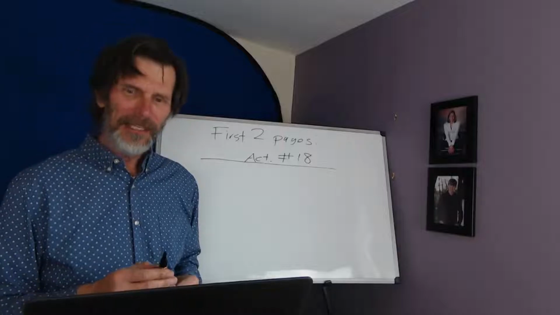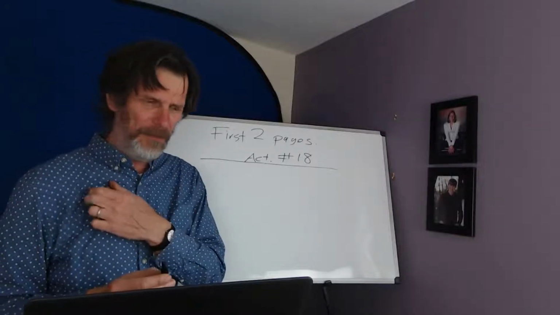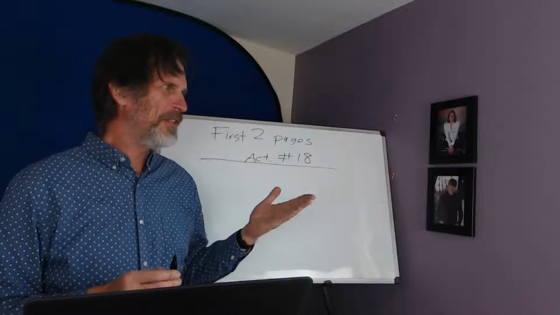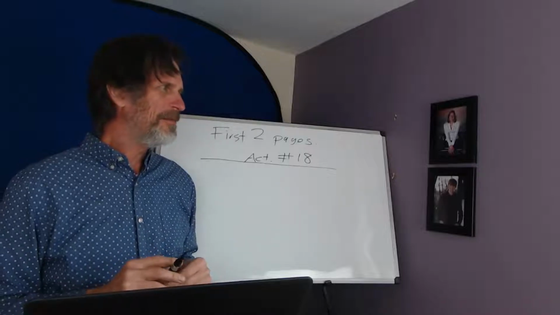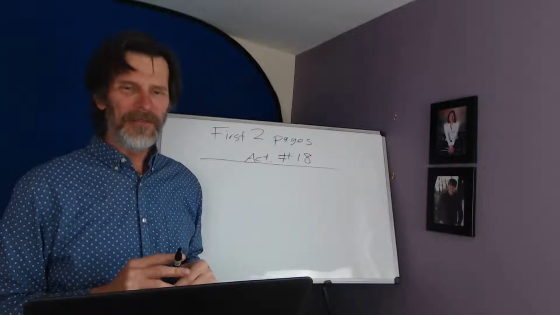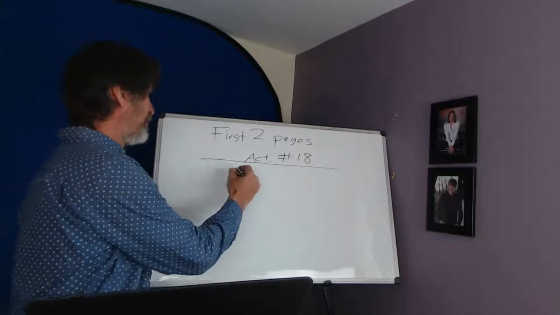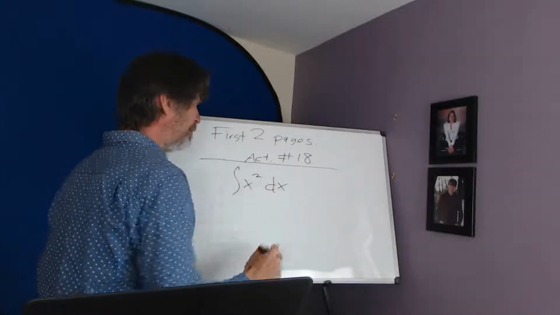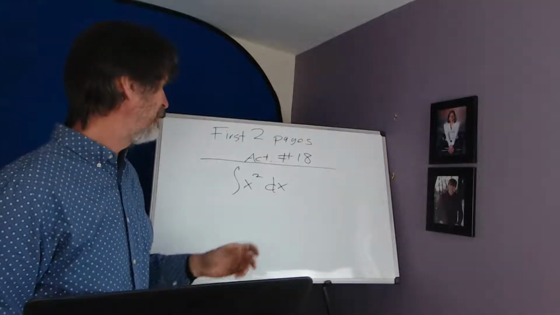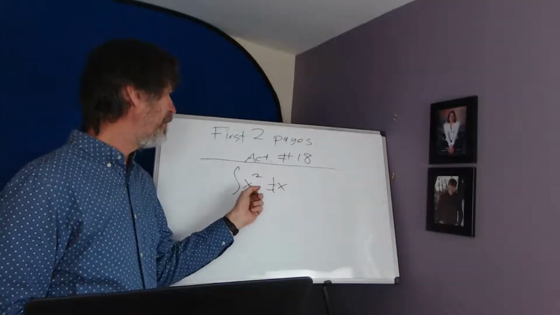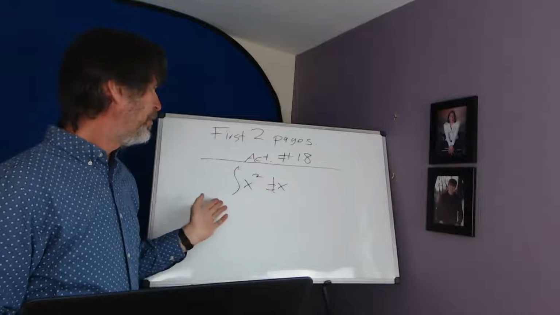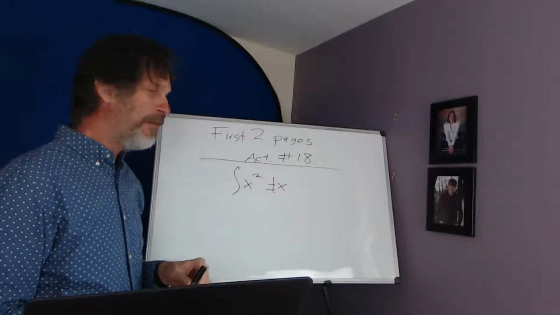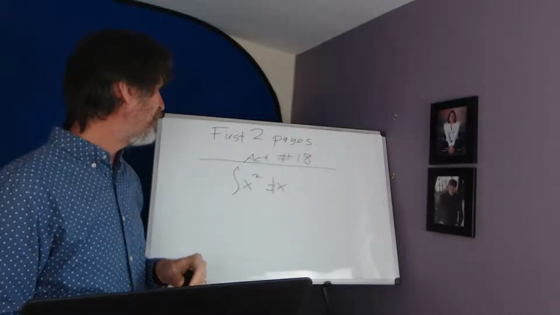Indefinite integrals. Drew, the indefinite integrals are just the same as the antiderivatives. So calculating that out, let's see, find the antiderivative of x squared, or if you look at this, I guess more in math speak, this is an indefinite integral.